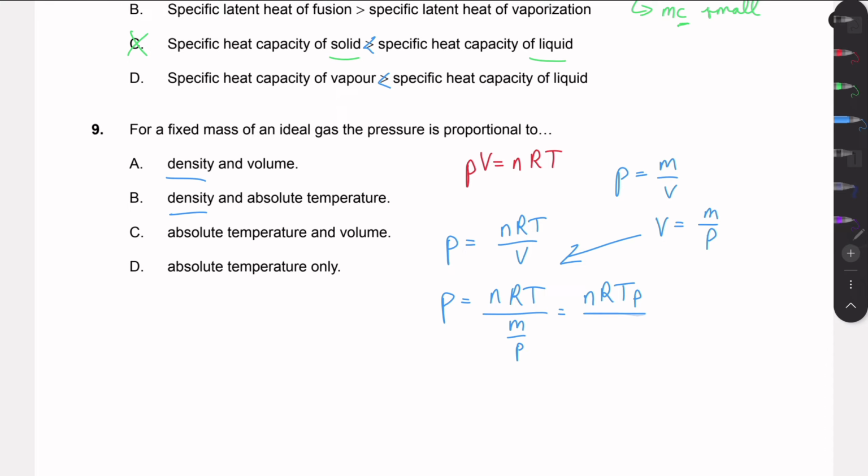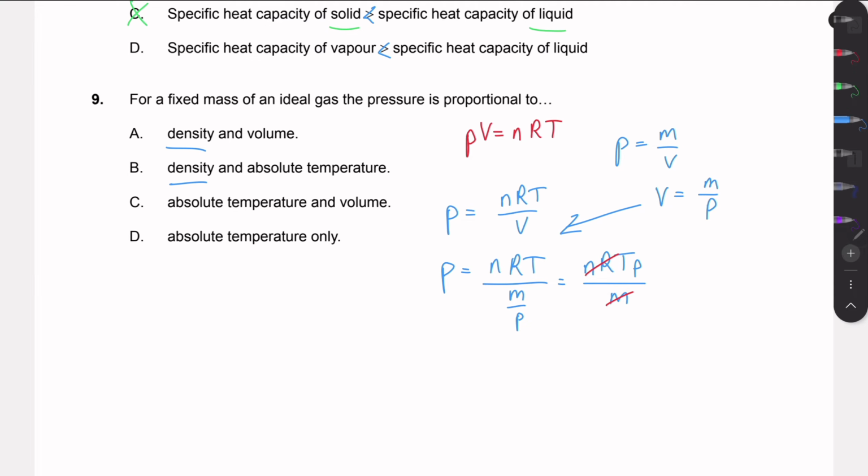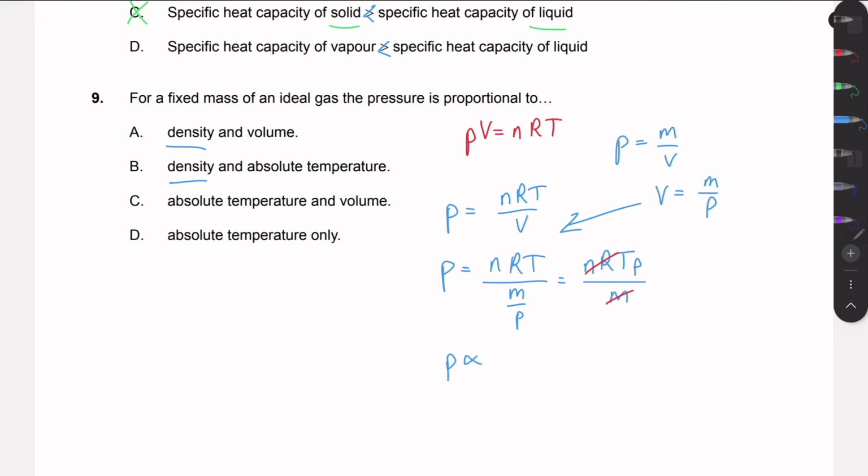So we can just swap them like this. And well, what we will see here is that n and R are just constants, so not so important. And also m is constant, it says in the question. So we see that the pressure is indeed proportional to the temperature and the density. So that's why the answer is going to be B.